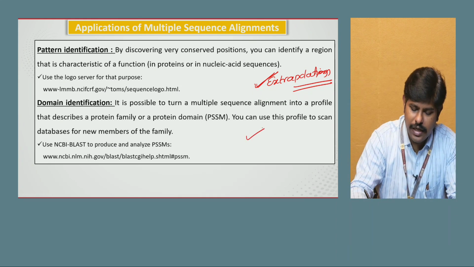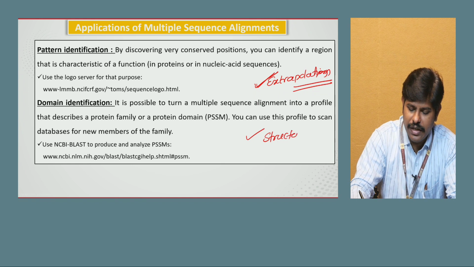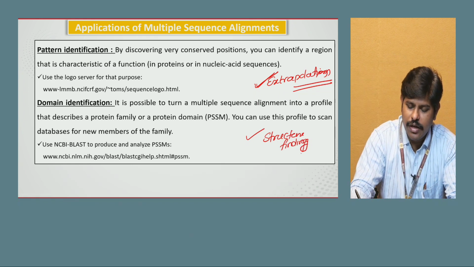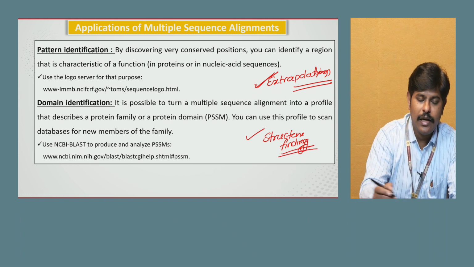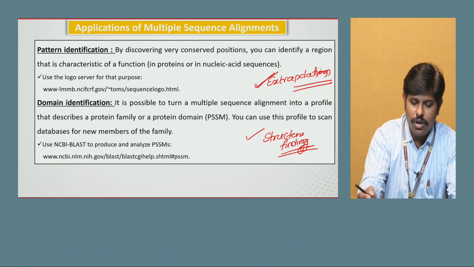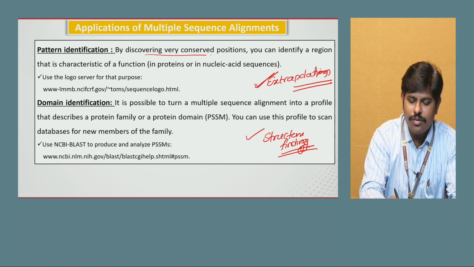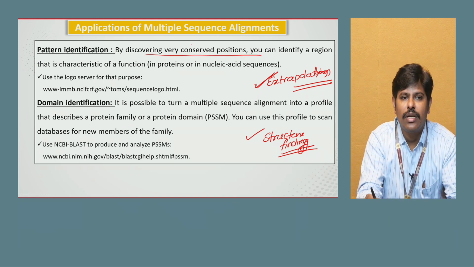The second application of multiple sequence alignment is structure finding of unknown proteins here. We'll learn about structure finding in homology modeling. Pattern identification is the third application of multiple sequence alignment. You can discover very conserved positions, whether in a protein or nucleic acid, and tell their importance.